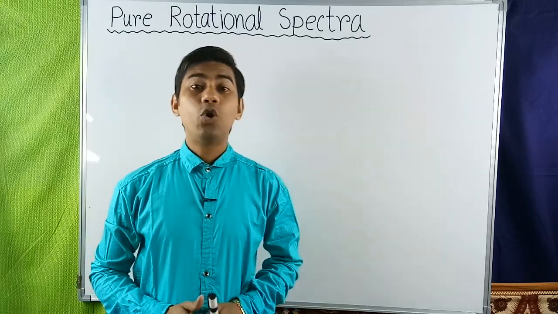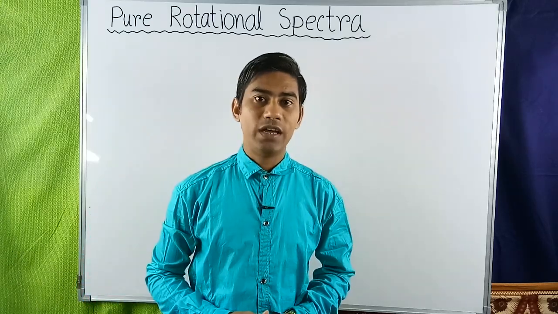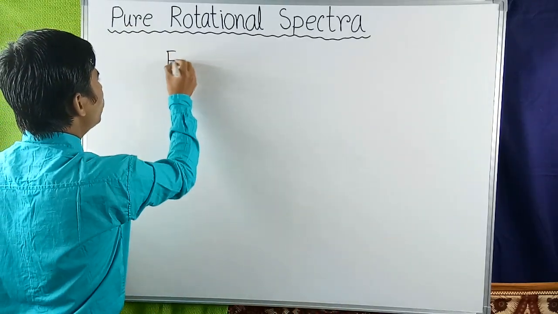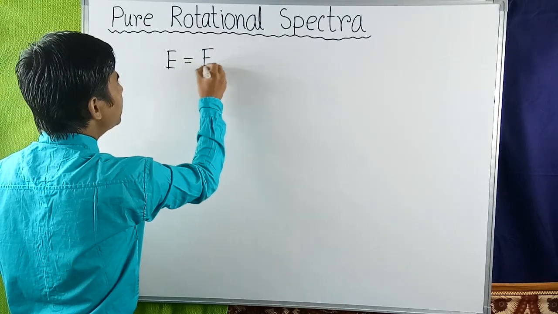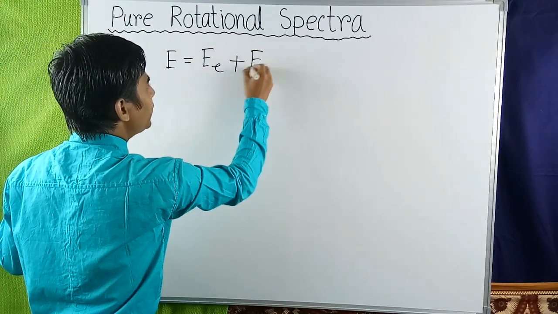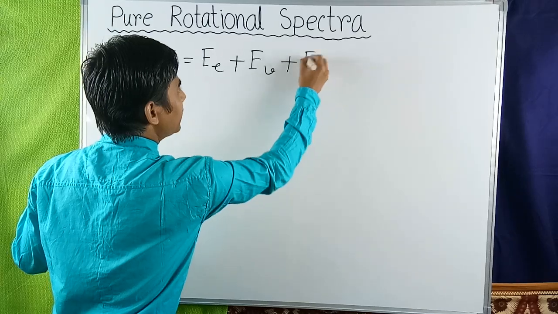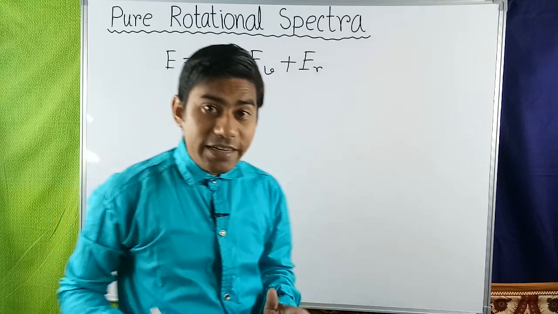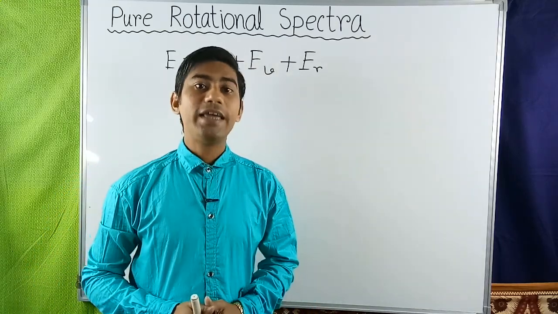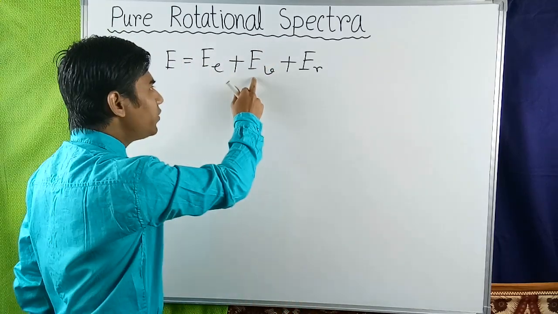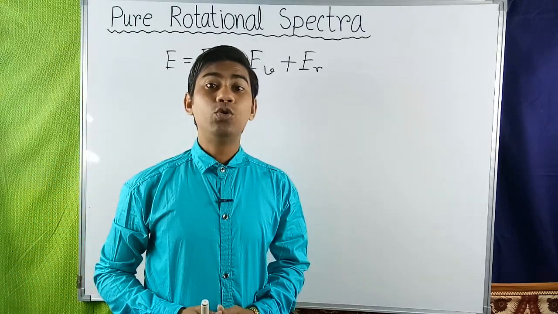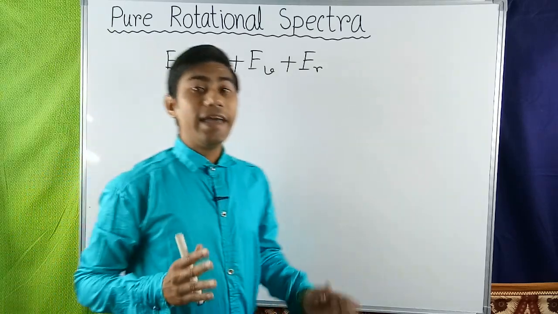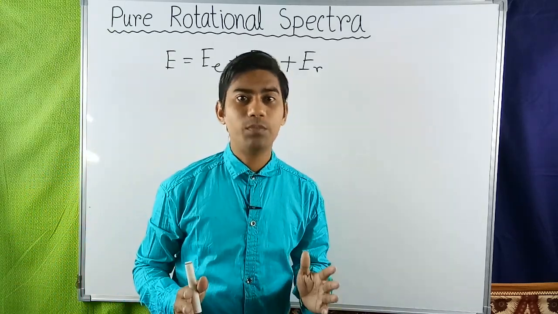Today I will discuss pure rotational spectra of a diatomic molecule. We know that the total energy of a molecule in the excited state is E = EE + EV + ER, where EE is the excitation energy of an electron in a molecule, EV is the energy due to vibration of the molecule, and ER is the energy due to rotation of the molecule.